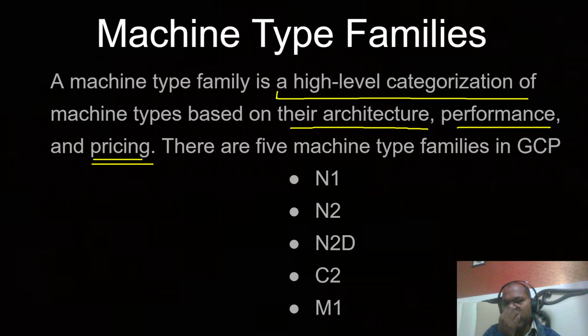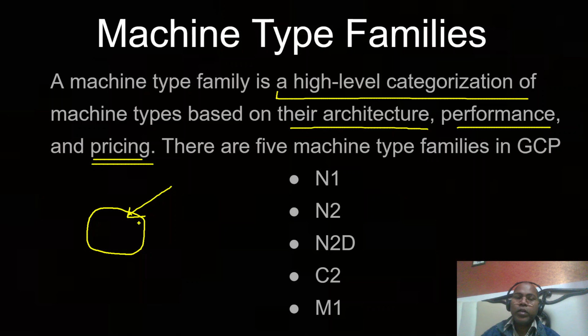All the machine types are predefined by Google Cloud on the basis of architecture, because machine types follow hardware parts like different types of memory, different types of CPU, and different core types. Whatever your virtual machine is going to be, the key parameters are its architecture and what kind of performance the machine offers.